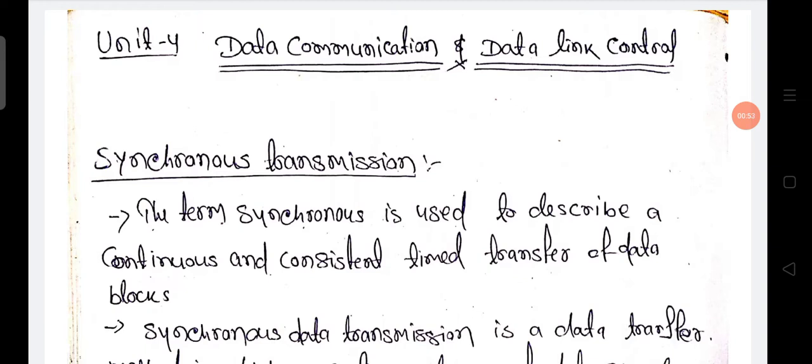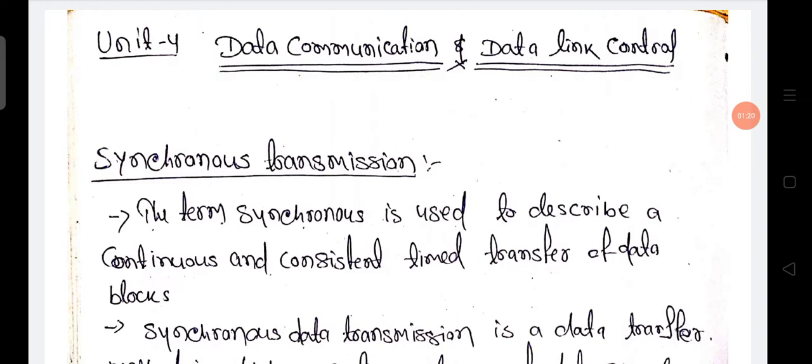The serial communication is divided into asynchronous and synchronous communication. In unit 4, we will discuss only serial communication, so we will discuss two types of serial communication: synchronous transmission and asynchronous transmission.